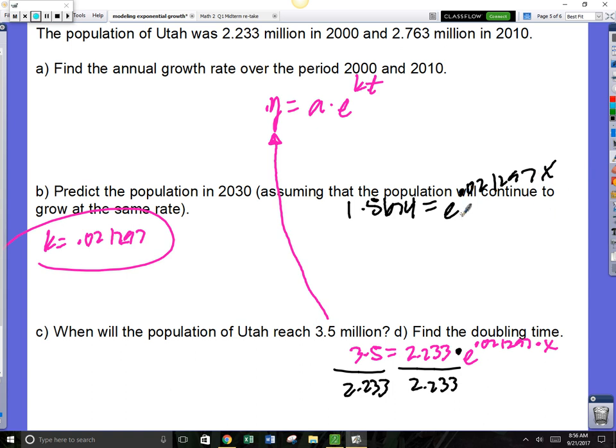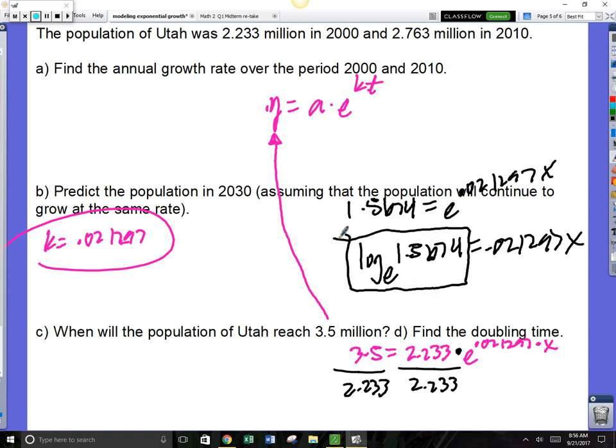Okay, now I'm going to undo the E, so I'm going to log. So I'm going to go log base E of 1.5674 equals 0.021297x. Okay, now my calculator, I'm going to punch this in and change that to a number.